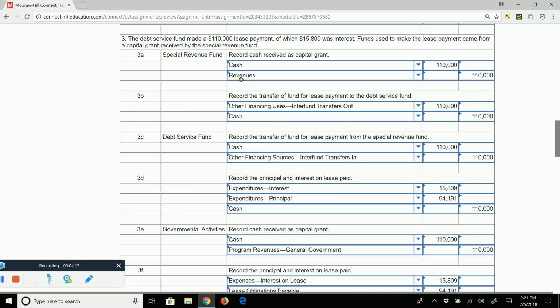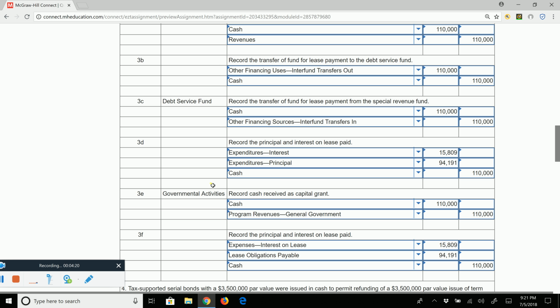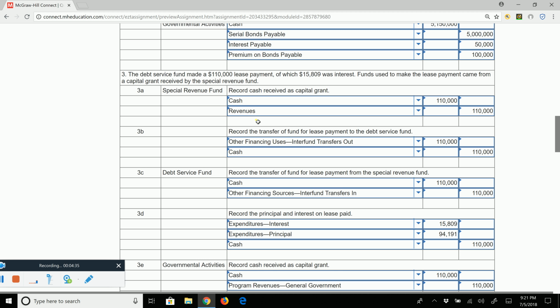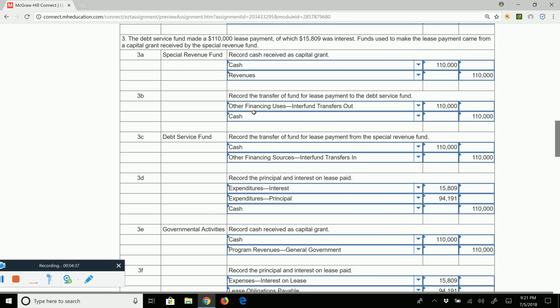And while that's being recorded in the Special Revenue Fund, in the government-wide statements, Journal Entry 3E, debit cash, and most grants, if they have a specific use, are going to be recorded as a program revenue. Now that money is immediately transferred to the debt service fund, so the Special Revenue Fund would debit other financing uses, credit cash, and on the debt service fund side, debit cash, credit other financing sources.